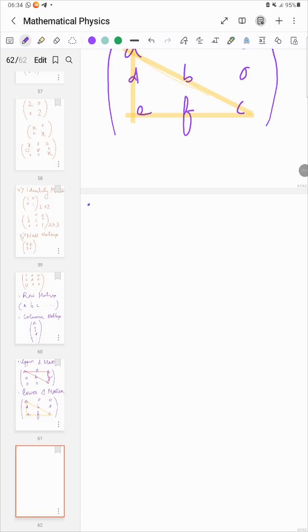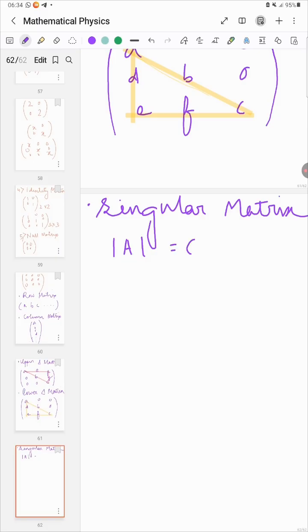Now we come to the next variety of matrix, which is called singular matrix. So what is a singular matrix? A matrix is said to be singular if the determinant of A is 0.